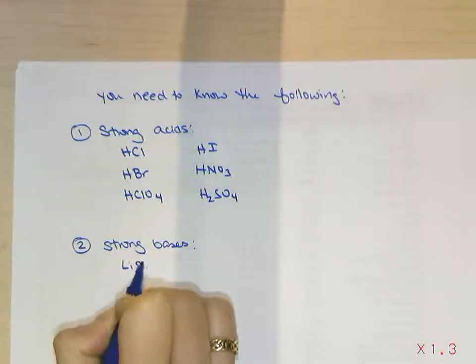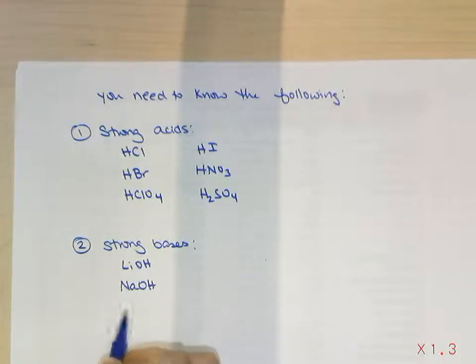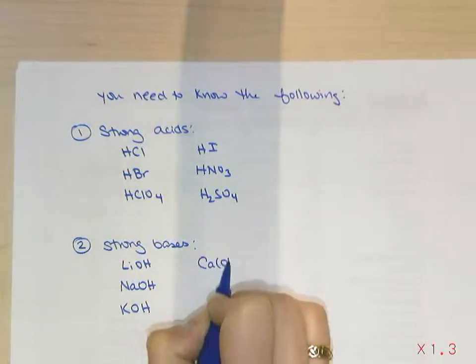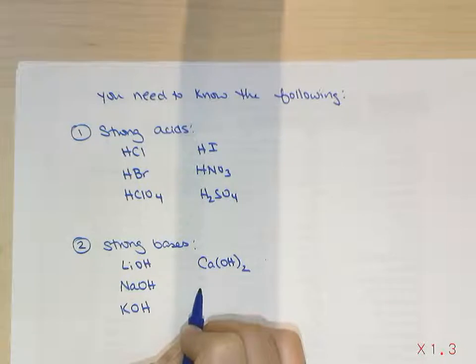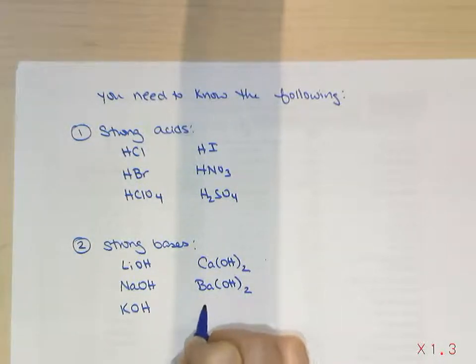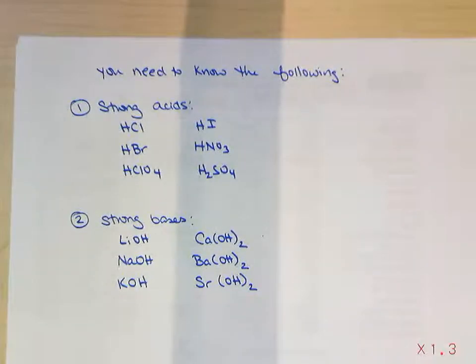And there are 6 strong bases you need to know. The same thing: if you have a base that's not one of these 6, it's automatically a weak base.